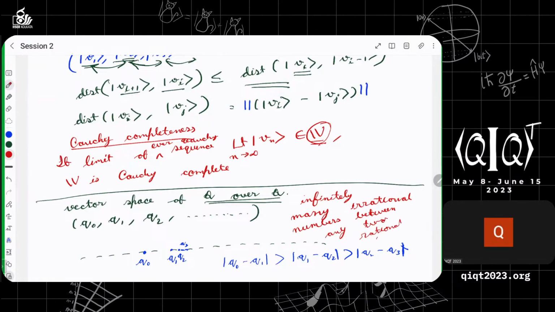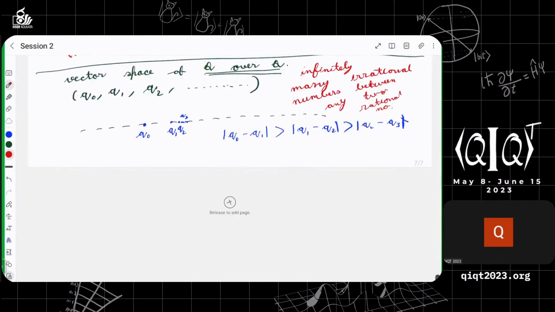So it is entirely possible that if we keep on constructing this sequence, in the limit n tends to infinity, it might go to some irrational number. So we will look at that with the help of an example.